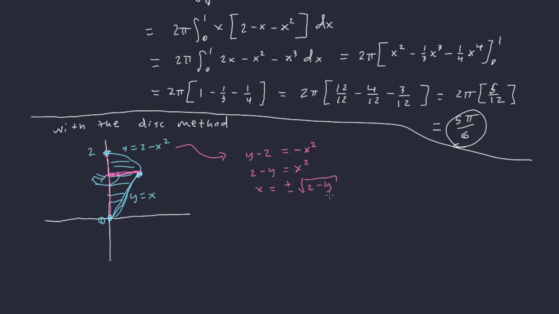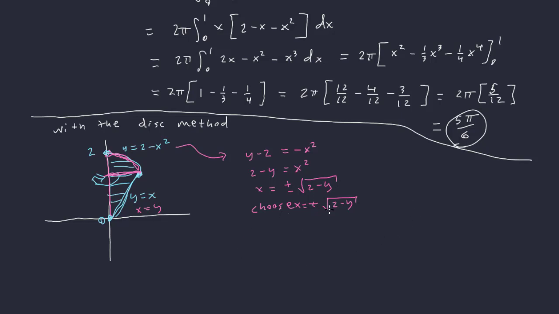Now we're going to choose the positive one, mainly because we're in quadrant 1 and everything needs to be positive. Okay, so there's our right side just for here, though. And for our left side, that one's not that difficult. We just say x is equal to y.